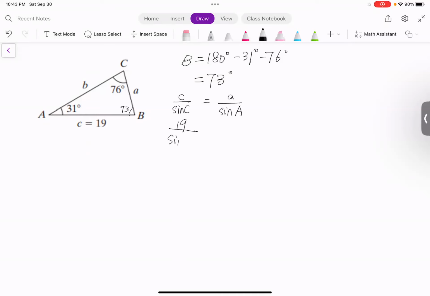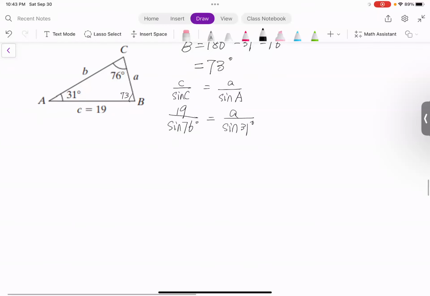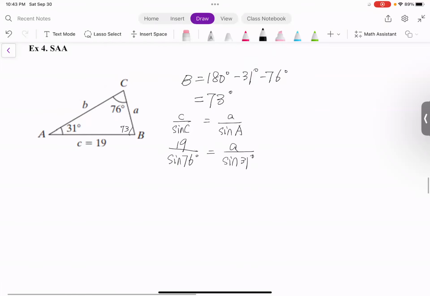Sine C is sine 76 degree. And a is unknown, but I know sine A, sine A equals sine 31 degree. To isolate the a, multiply both sides by sine 31. So a equals 19 sine 31 degree, all divided by sine 76 degree.